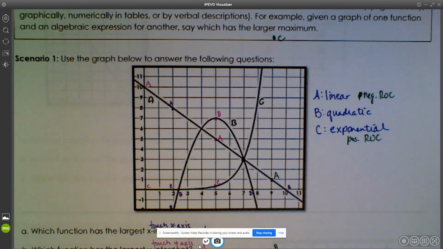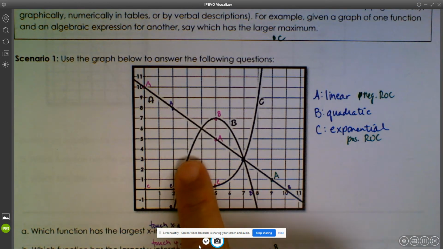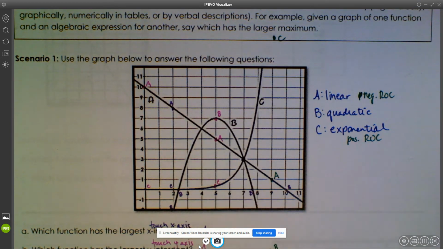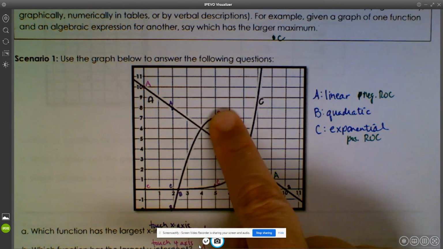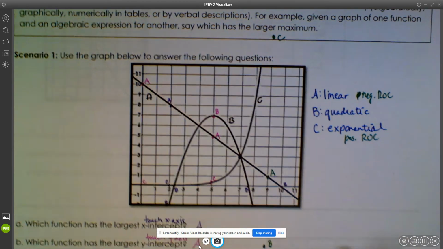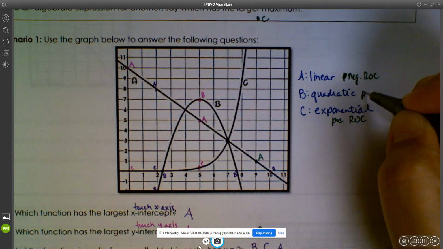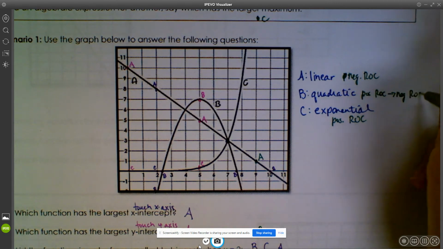And let me go ahead and read this question down here. Which graph has a rate of change that is negative and positive? Well, look at this one. That means it changes from increasing to decreasing or decreasing to increasing. This one has an increasing rate of change or a positive rate of change, then a negative rate of change. So function B goes from a positive rate of change into a negative rate of change.